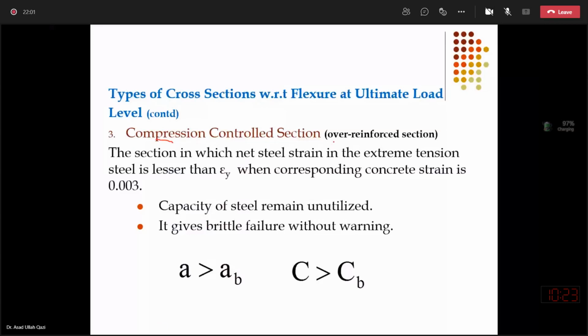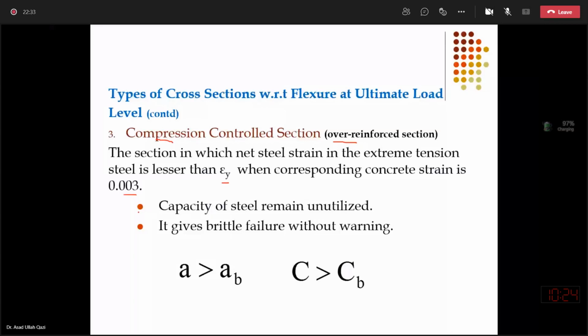So the section in which steel strain in extreme tension steel is less than its yield strain, while concrete approaches its crushing. So it means such cross sections will not fully utilize the steel strength, because steel is in the proportional limit while concrete crushed. Such cross sections will give us less warning.